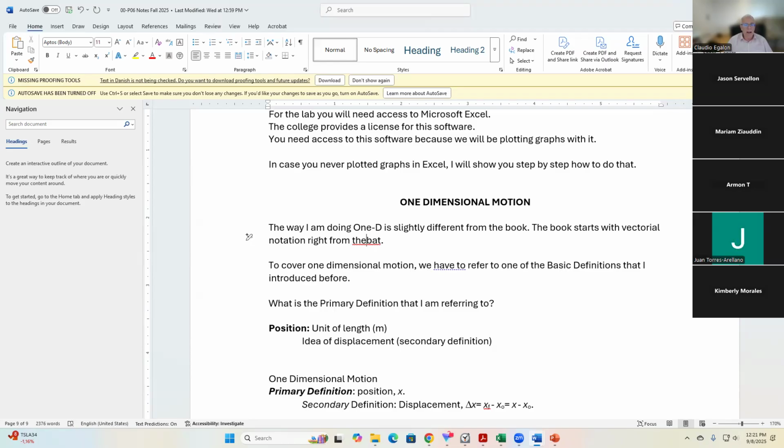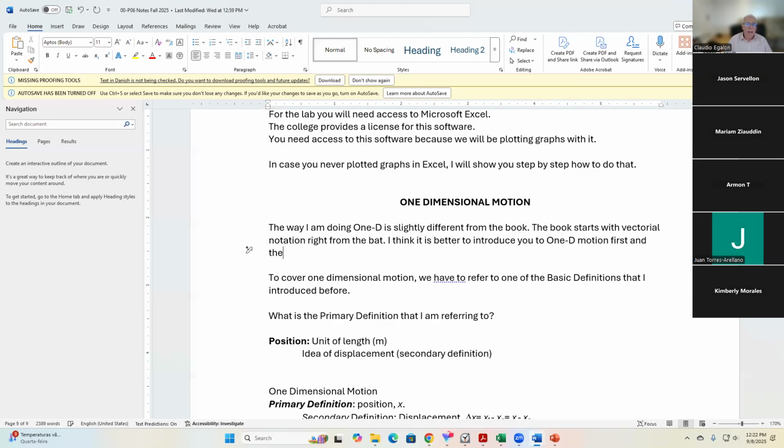I think it's too much. I think it is better to introduce you to 1D motion first, using regular scalar notation.